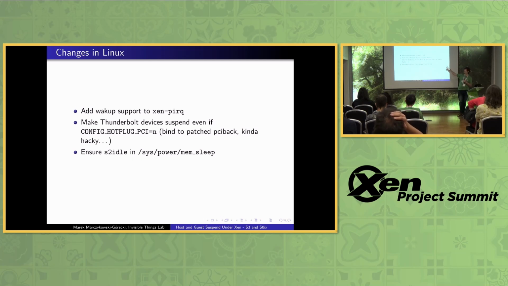This also means that the Thunderbolt driver in Dom0 is not happy and is not doing anything, including not suspending the Thunderbolt bridge. So we have some hack for that. It's ugly, but it works. And then you need to ensure that Dom0 has S2 idle as its mem sleep.